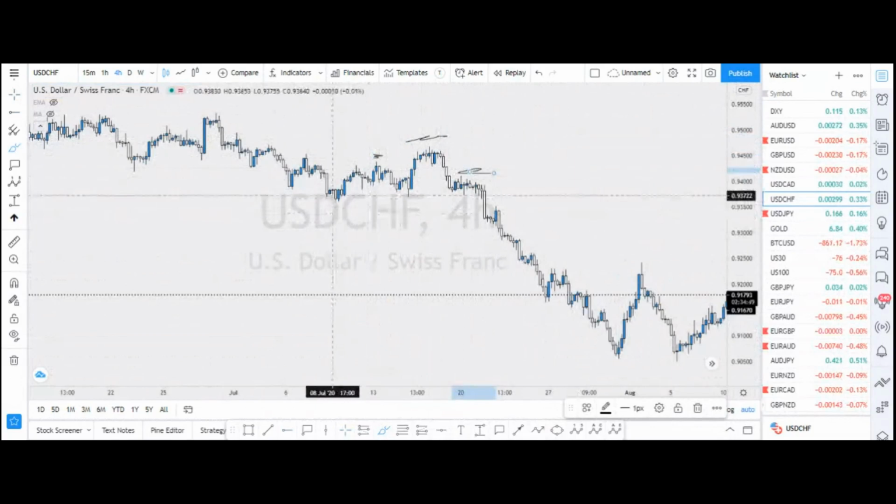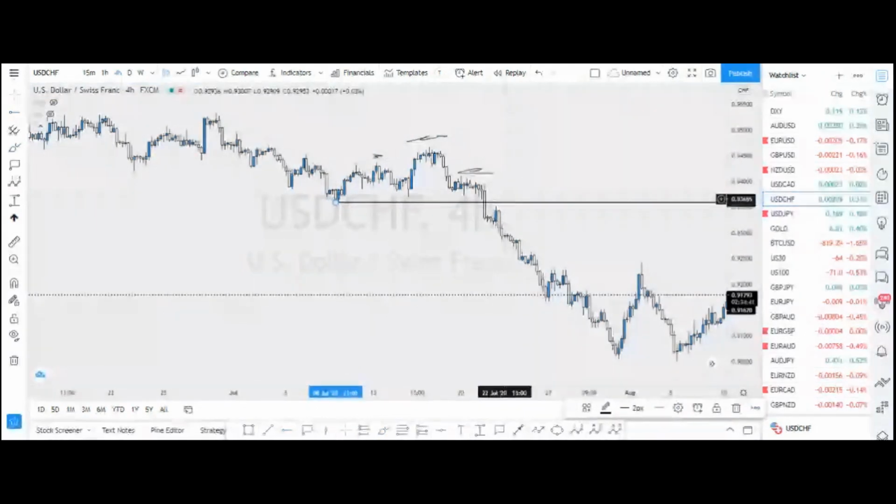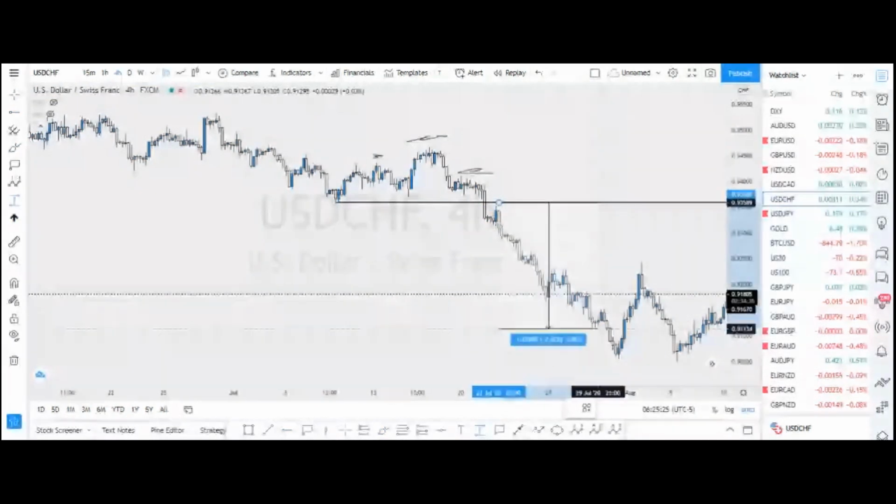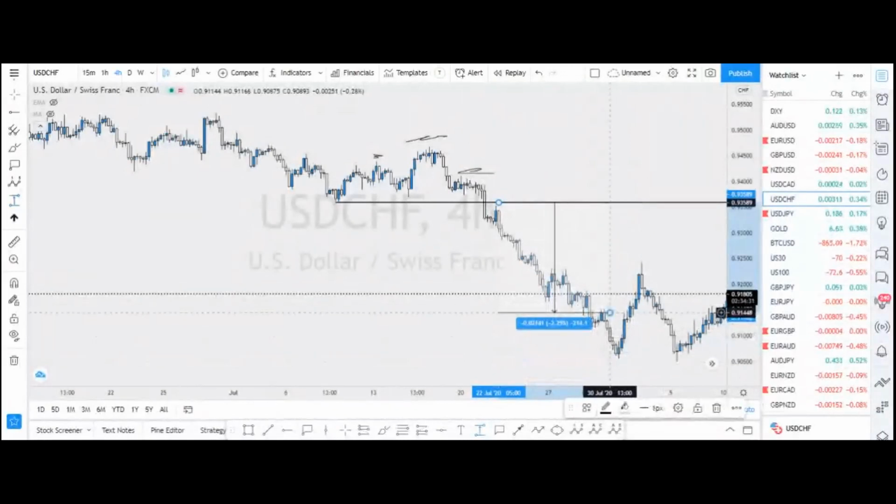Then what happens? This was the resistance, right? This was the support, now turning resistance right here. So I take a sell right here, and I need a downtrend, so I continue trailing till it kicks me out around this area. So how much do I make? 214 points. Sweet 214 points, no stress.